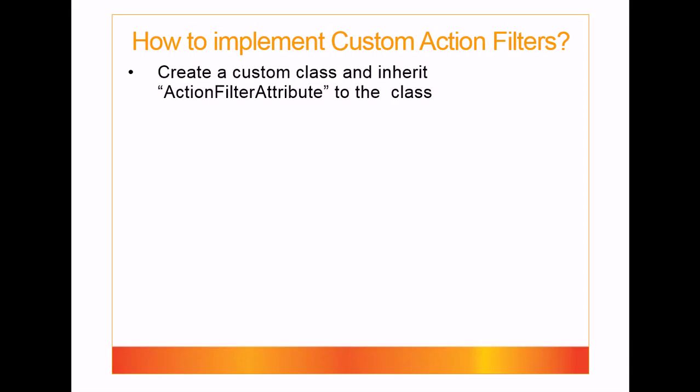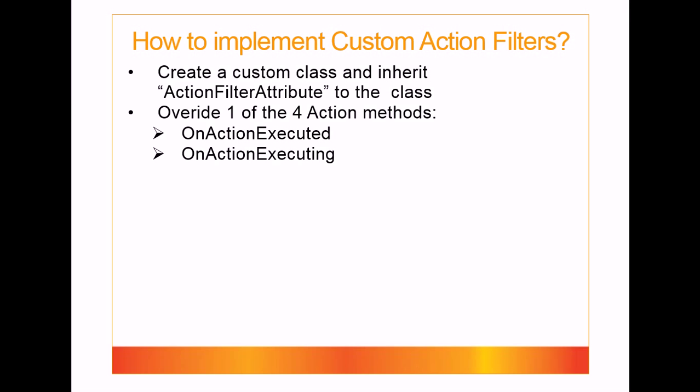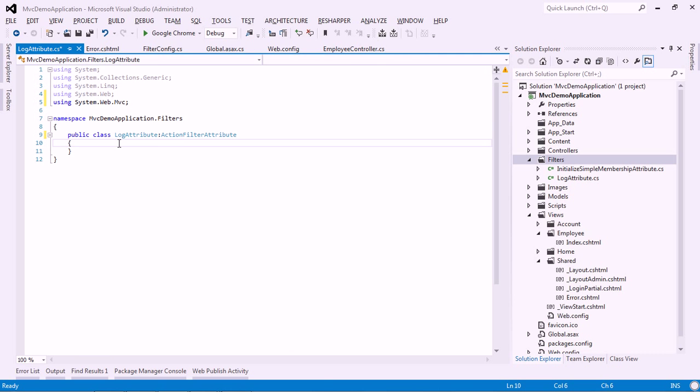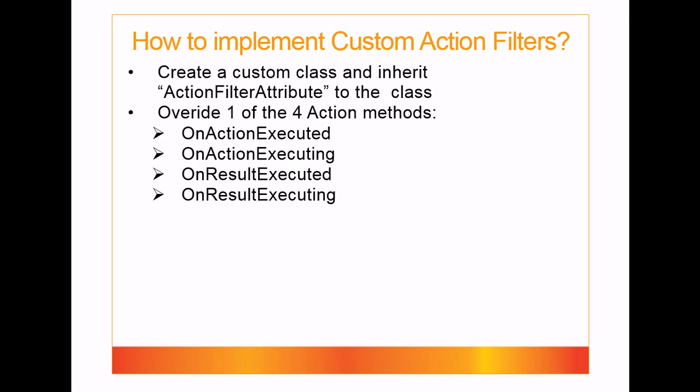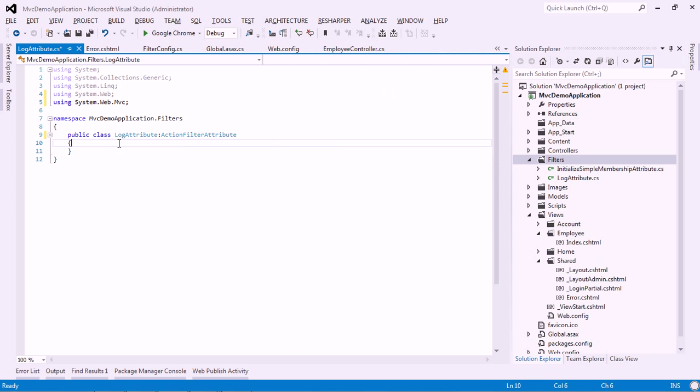So we have created a custom class and inherited the action filter attribute. After doing this, we can override any of the four action methods present in this action filter attribute: OnActionExecuted, OnActionExecuting, OnResultExecuted, and OnResultExecuting.